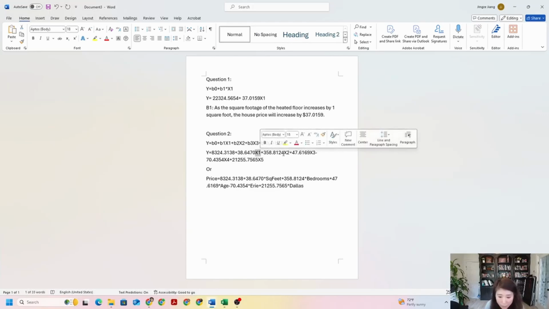We are assuming x2, x3, x4, and x5 are not changed. So given the house has the same number of bedrooms, same age, and is located in the same place, if the square footage of the heated floor increases by 1 square foot, our price will increase by $38.647. Okay, let me write it down. So, interpreting my B1.